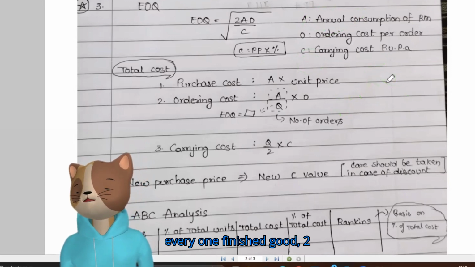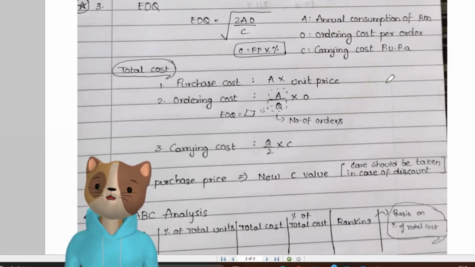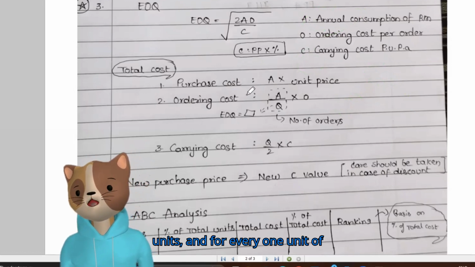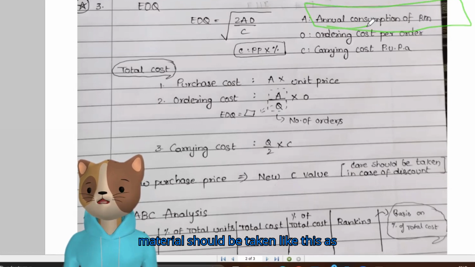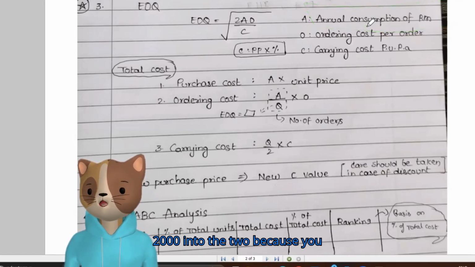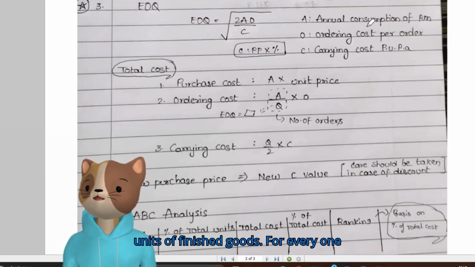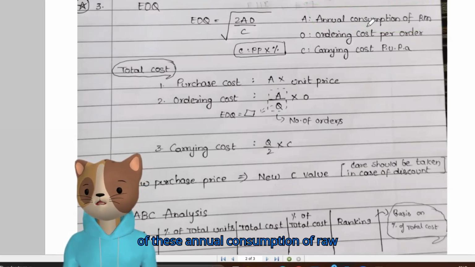For every one finished good, 2 units of raw material is required. If they say demand is for 2000 units, and for every 1 unit of finished goods you need 2 units of raw material, the annual consumption of raw material should be taken as 2000 into 2. Because the demand is for 2000 units of finished goods, and for every 1 unit, 2 units of raw material is required. So make sure you multiply both to get the annual consumption of raw material.